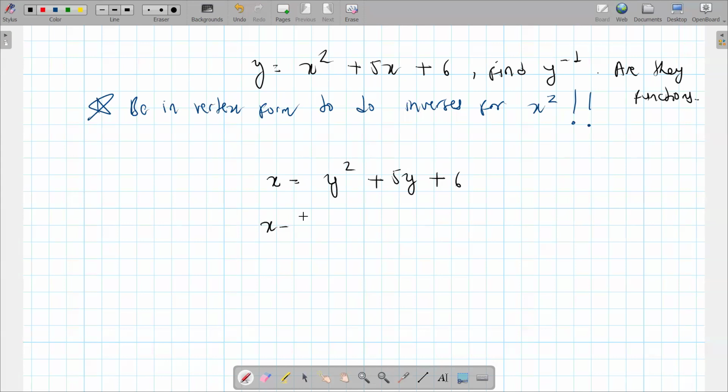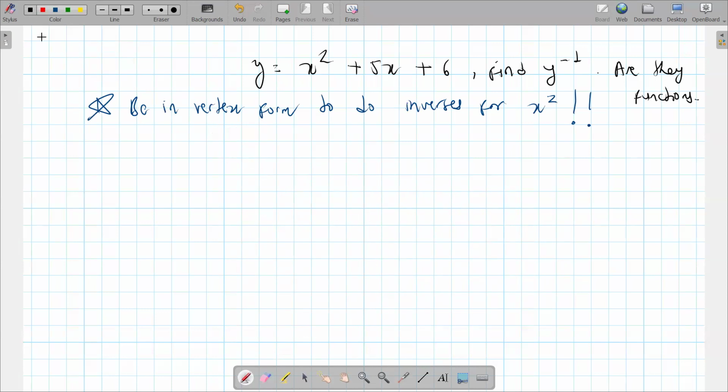You're trying to isolate y, and there's always going to be a y on the other side. If it's not in vertex form, you're going to find it very difficult to only have y on one side of the equation. So that's why you need to be in vertex form.